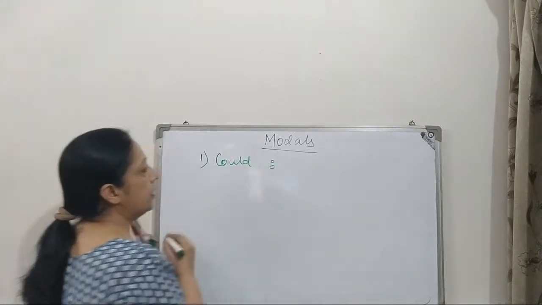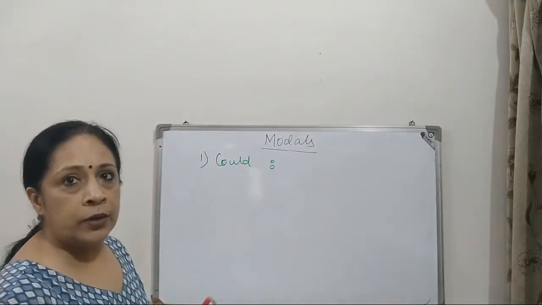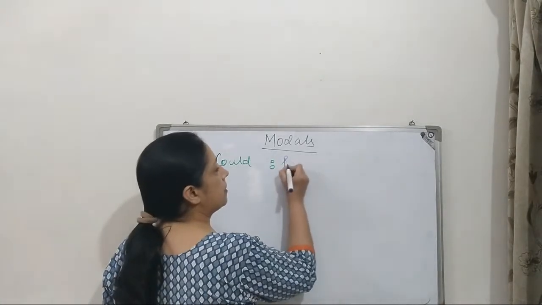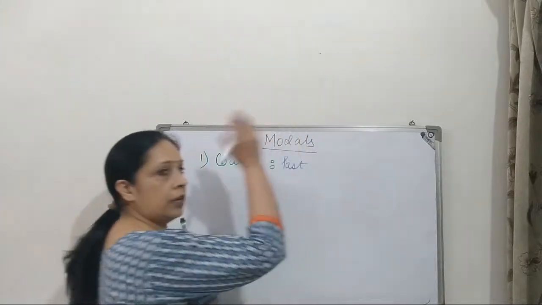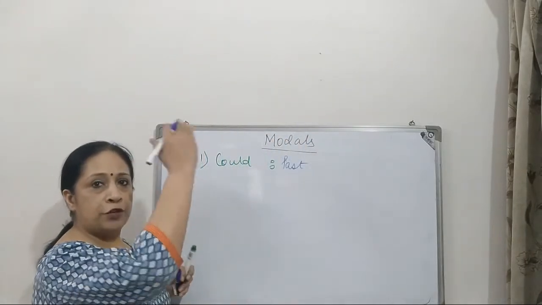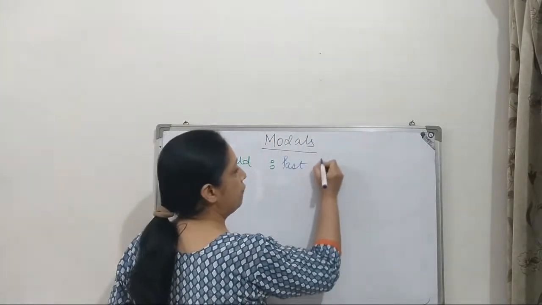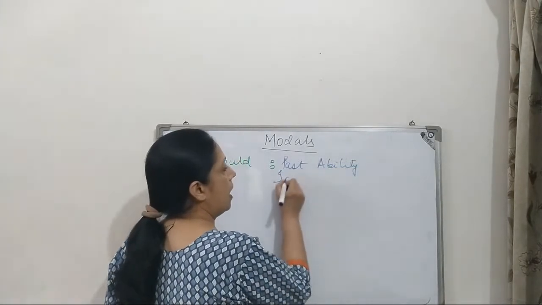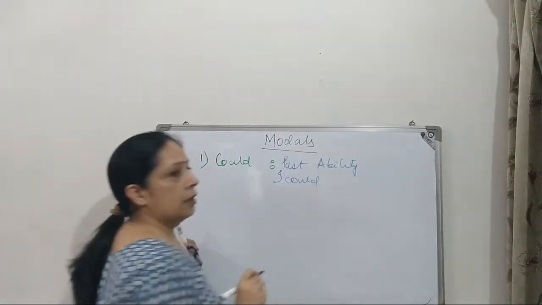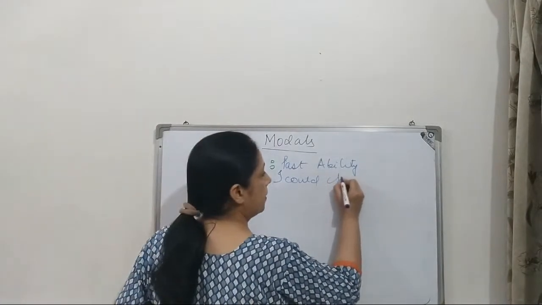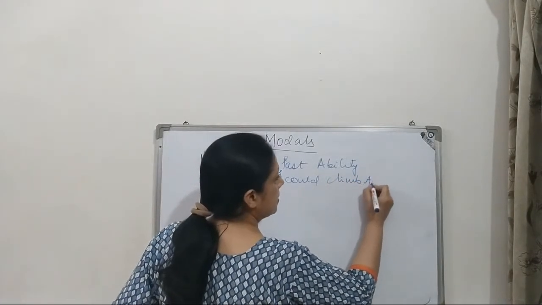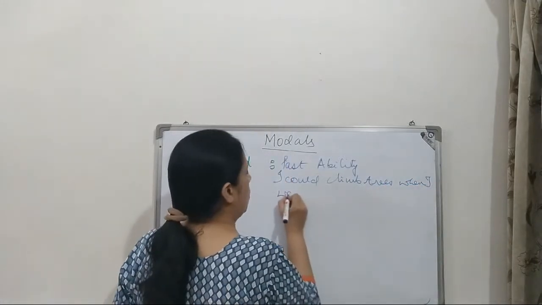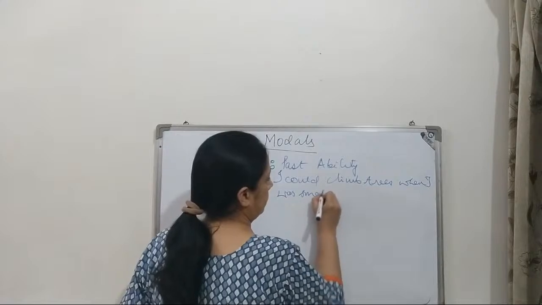Alright. Now could is the second modal that we are doing today. And what are the functions? Same. Can was also for ability, but that was present ability, and here we have past ability. I could climb trees when I was small.